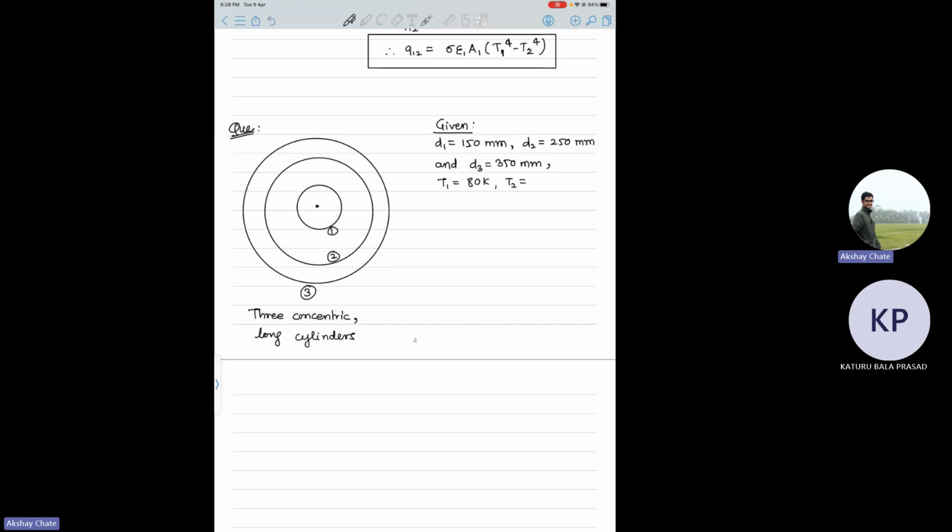The middle cylinder is unknown, and the outer cylinder temperature is 300 Kelvin.